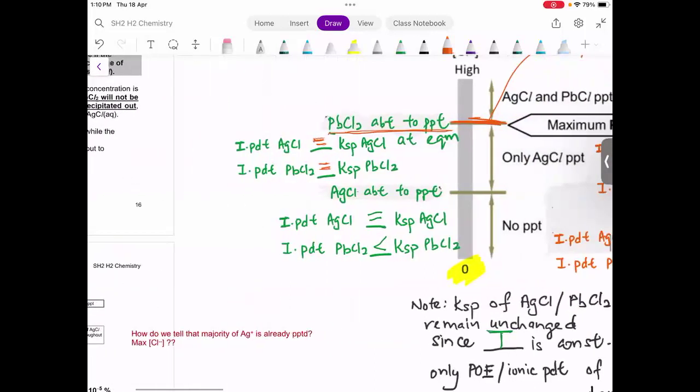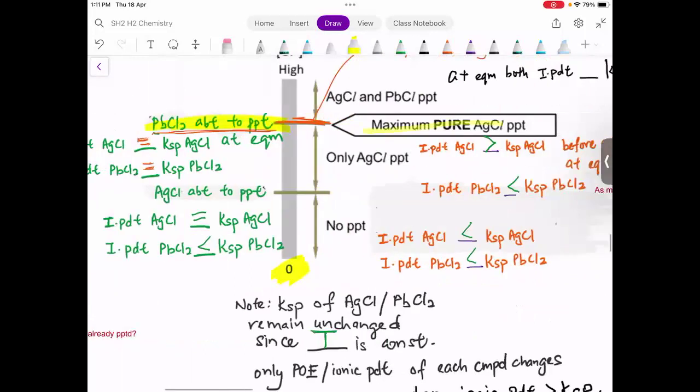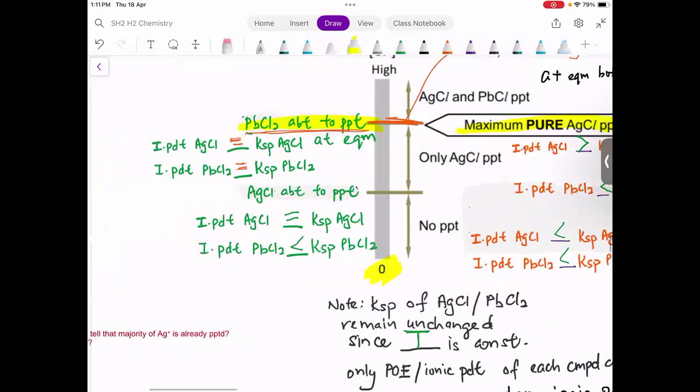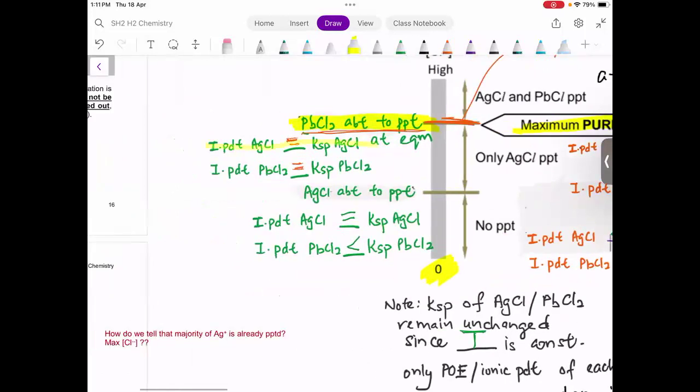Okay, so recognize this point. This is a very important point. When you have maximum pure silver chloride precipitated, this also corresponds to lead chloride about to precipitate. At that moment, please take note, ionic product equals Ksp for both solids. This is very important.